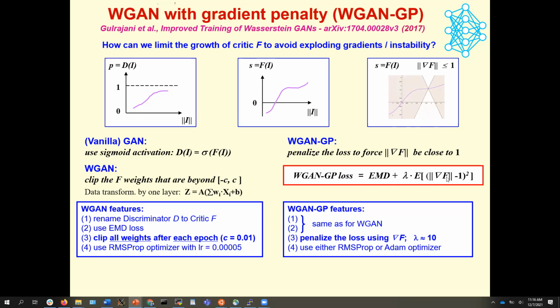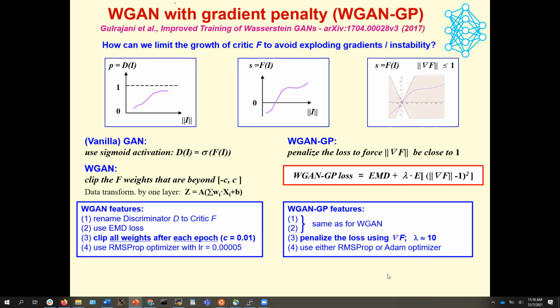It will automatically limit the values of the gradient of F. The suggested value of the hyperparameter lambda is 10. And for that purpose, the authors suggested to use either the RMS-prop or Adam optimizer.